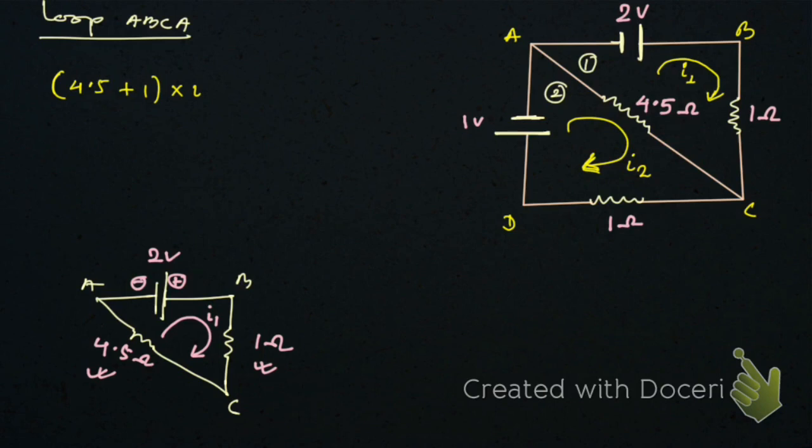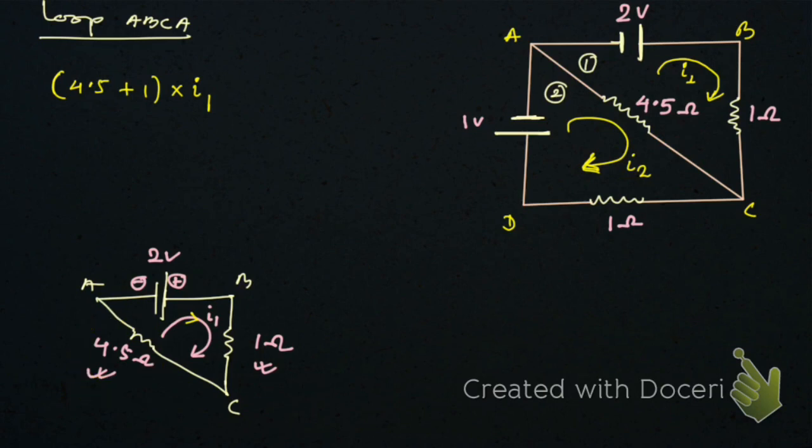So current I1, take this one as positive, right? Here you see this is the part we have taken, and these are the two resistances here, so add these two and multiply by I1, right? Then this resistance is shared by this loop as well, right?